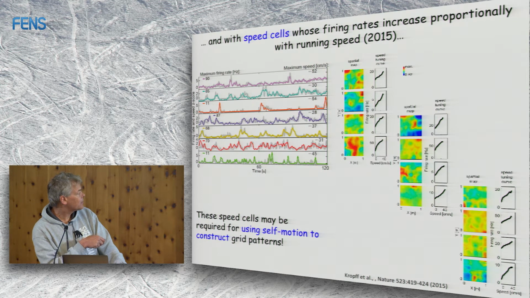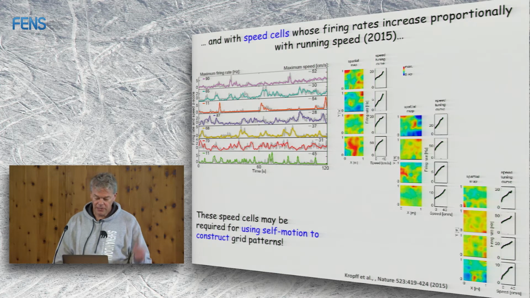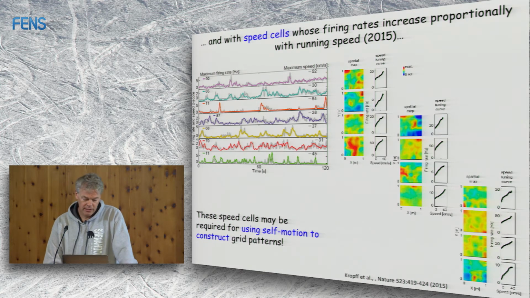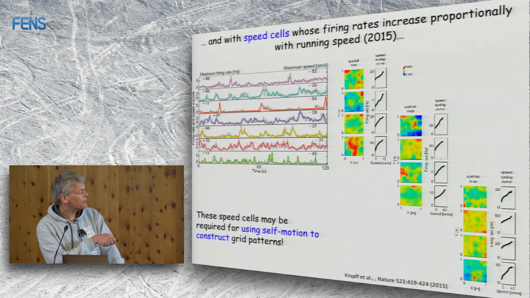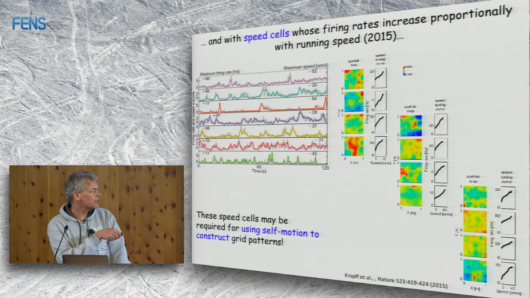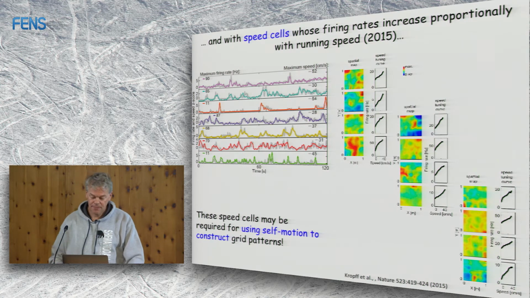Firing rate of each of them, and you can see that the firing rate follows very closely the speed of the animal. Maybe the most clear here is the yellow one, which almost totally matches the speed profile. Those cells don't really have any strong spatial modulation, but they have, at least within a large range, a linear relationship between speed and firing rate.